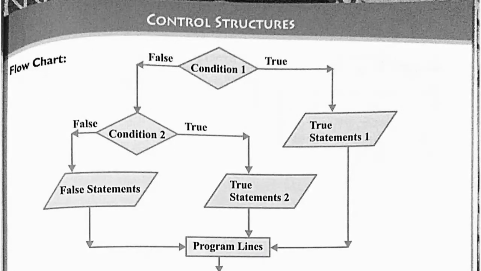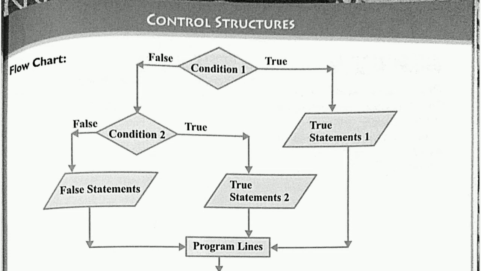The first condition is true or false, but if the first condition is false, then you can see that it is comparing with another condition. It is checking another condition, so that you can see that three outputs can be received here.